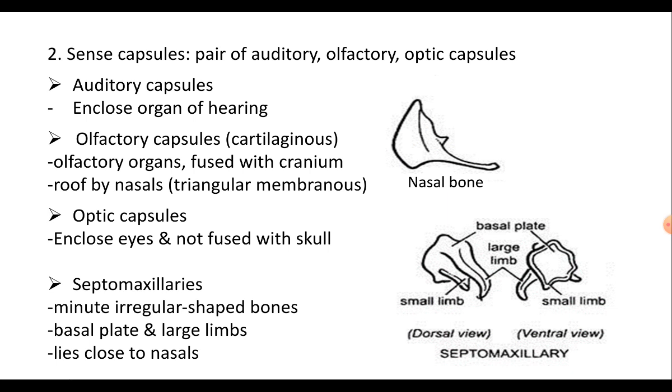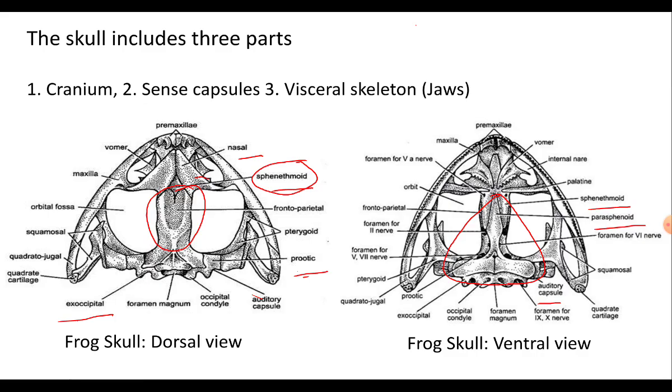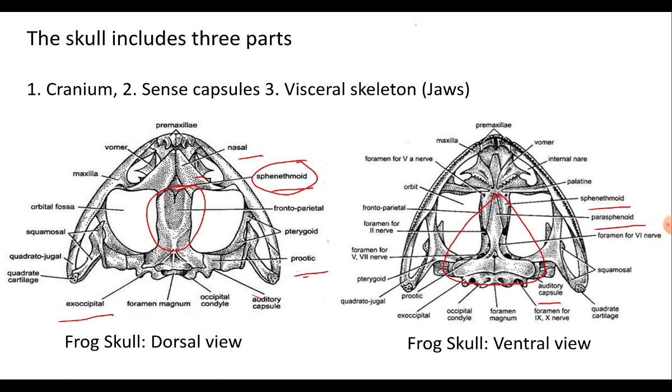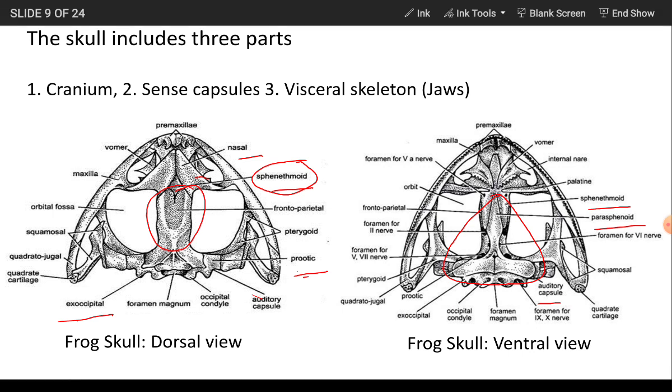The auditory capsules, as I told you and showed in the skull. Here you can see the position of the auditory capsules, present at the posterior part of the cranium near the exoccipital region.